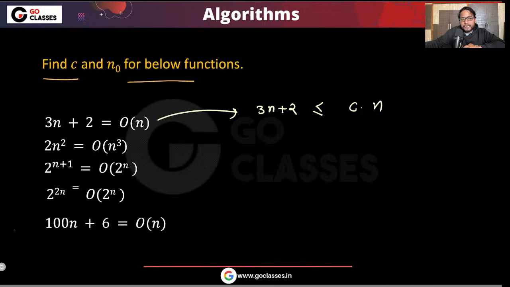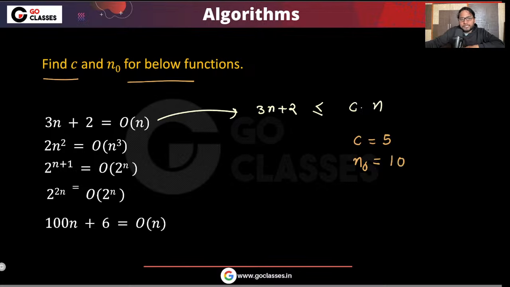Yes, definitely, right? So here for c equal to 5 probably, you will say that okay, this term is less than or equal to this term, right? This is normal mathematics. Okay, for c equal to 5 you can say. And what is the value of n naught? Maybe you can have any large value, doesn't matter. So you can have 5 also, I think it will work, but you can have anything, right? 5, 10 or anything.